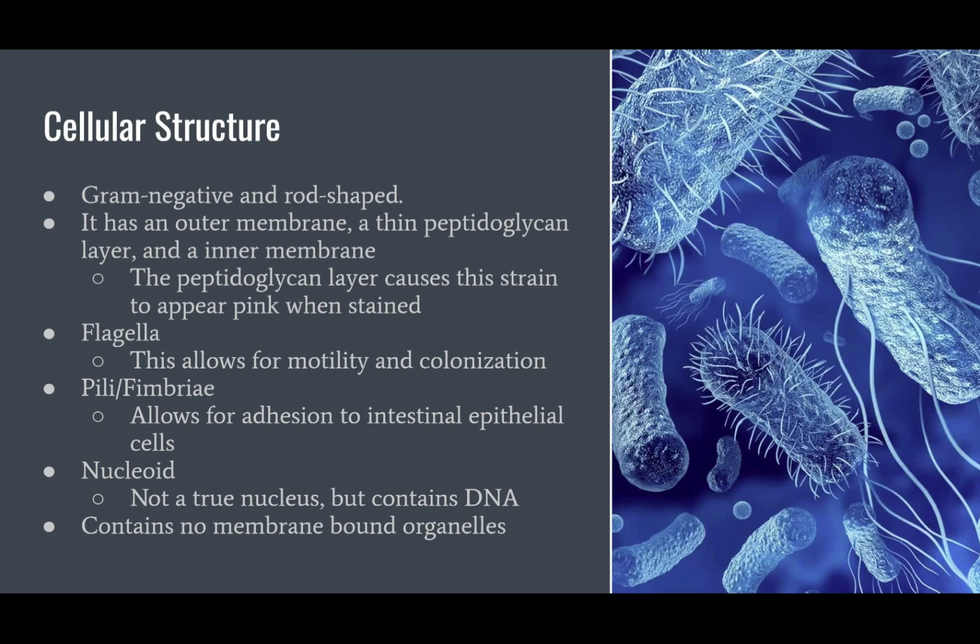It uses fimbriae or pili to adhere tightly to intestinal epithelial cells, an essential step in establishing infection. Inside, it lacks organelles but contains a nucleoid region where its genetic material resides. These structural features support its survival in harsh environments and facilitate its ability to infect and persist within hosts.